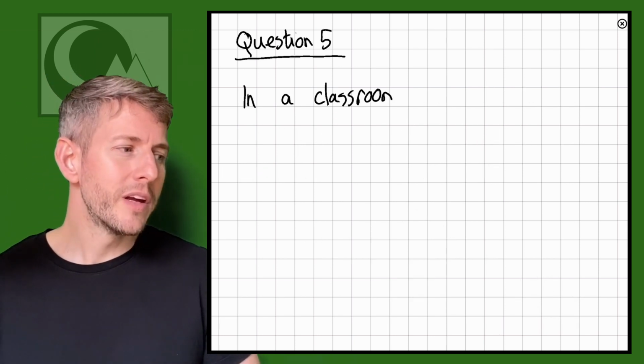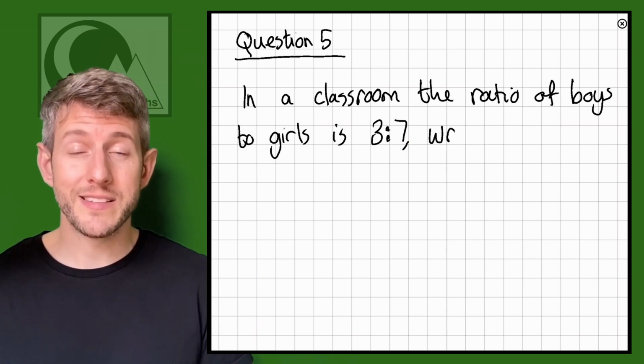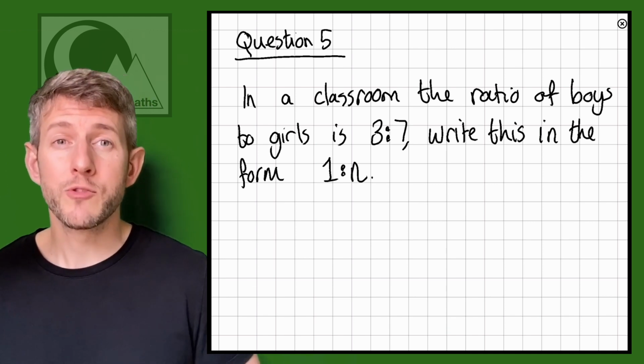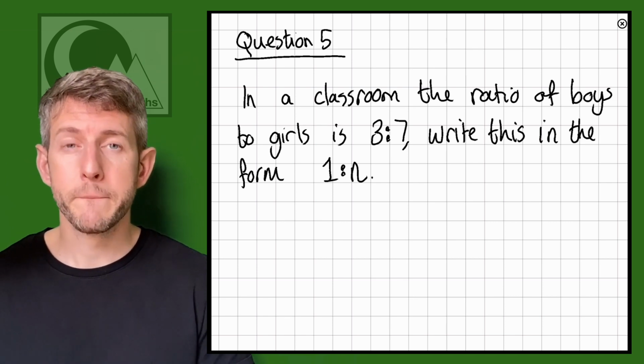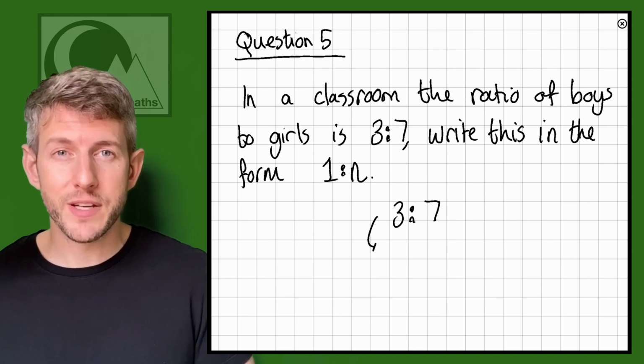Question 2 says, in a classroom, the ratio of boys to girls is 3 to 7. Write this in the form 1 to n. So what they're trying to find out there is exactly how many girls there are to every one boy. So it's 3 to 7. We're going to have to divide both of these numbers by 3.